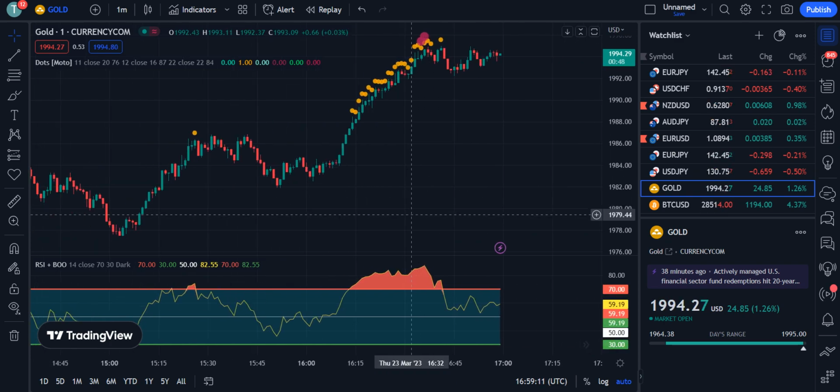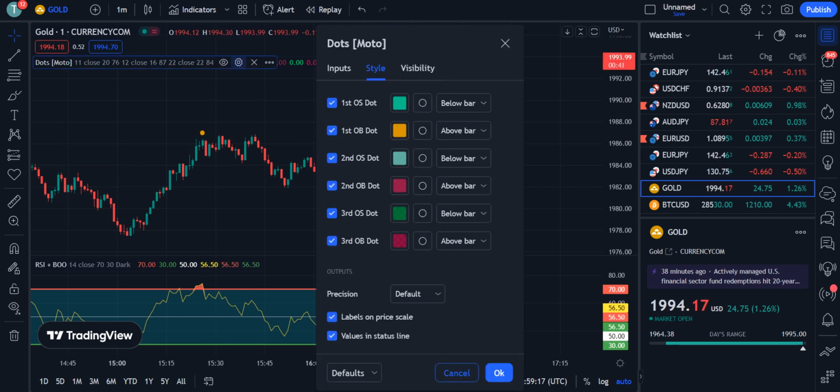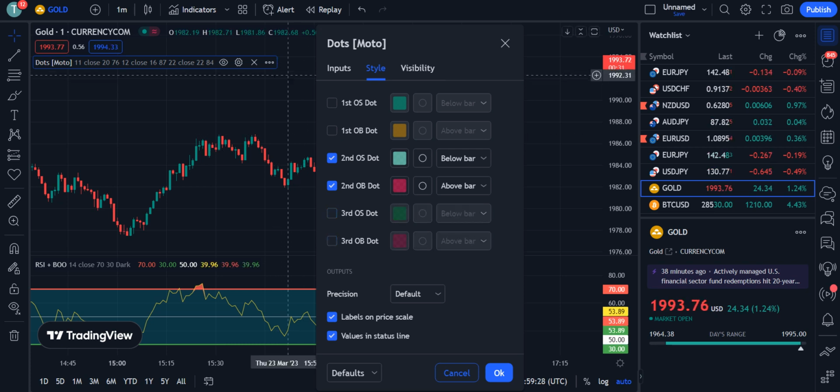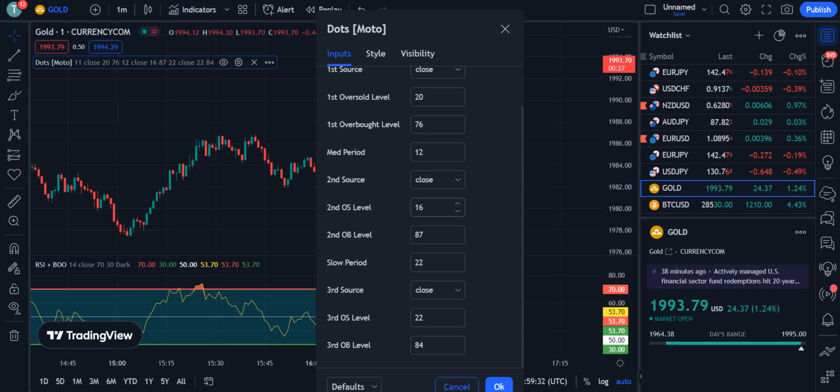As you can see here, this is the indicator that we have applied on our chart. We have to make a few adjustments, so click on settings, and you have to uncheck these options: first OB dot, first OS dot, third OS dot, third OB dot, and then come into the inputs. From here you have to change a few settings.